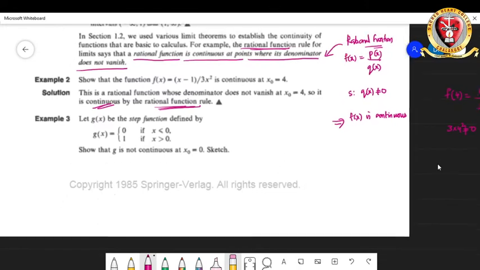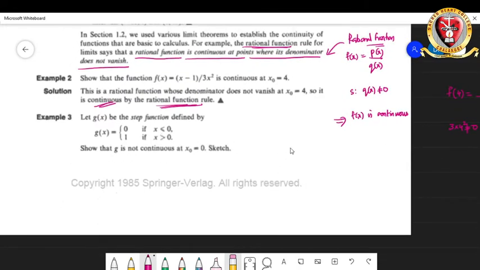The next example is about the step function. The name of the function comes from how its graph looks. Suppose you have 0 here. The g of x is defined as whenever x is less than 0, g of x will be 0 like this.